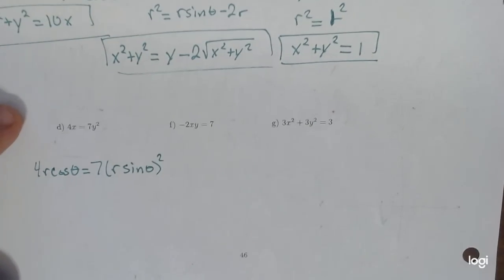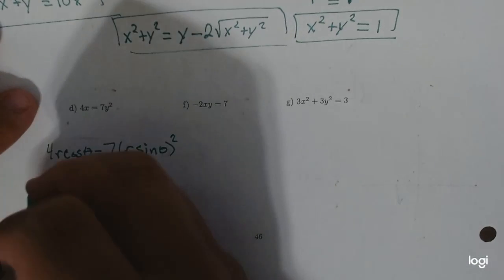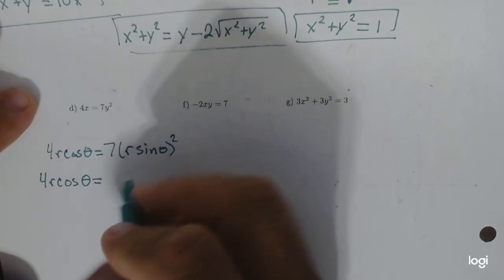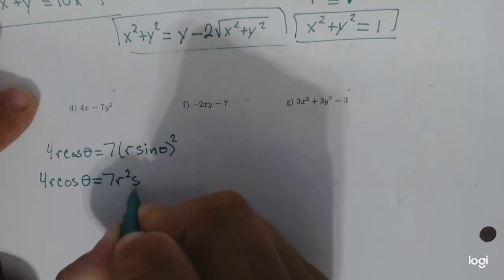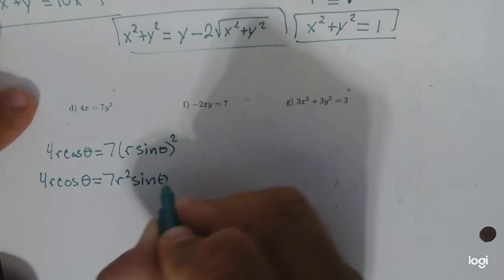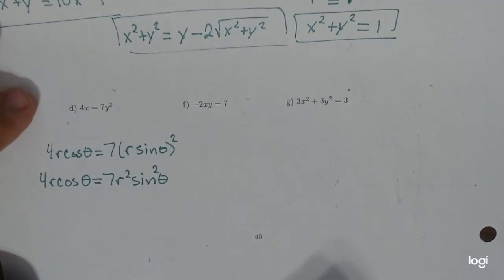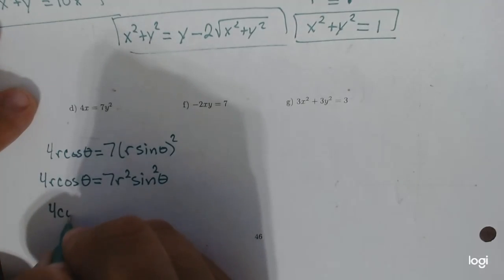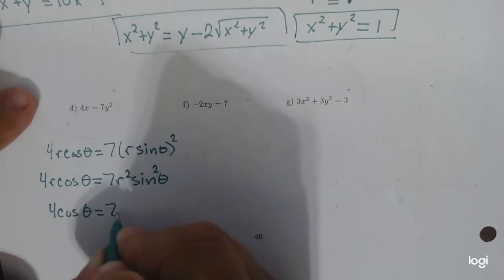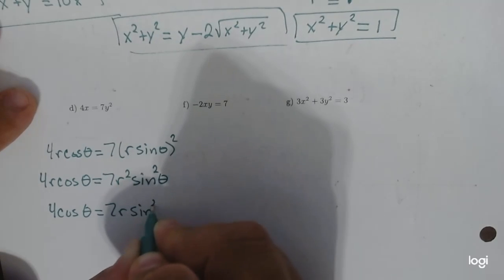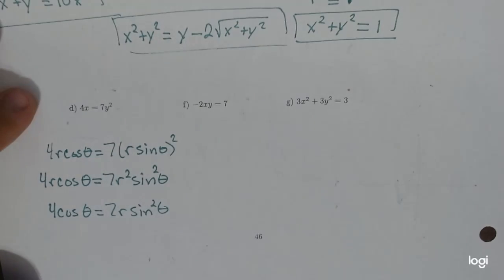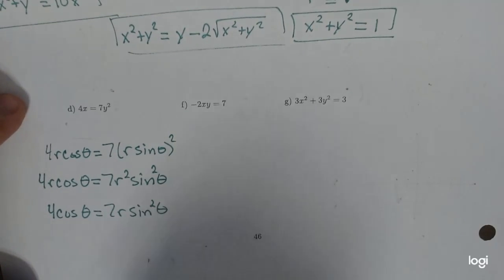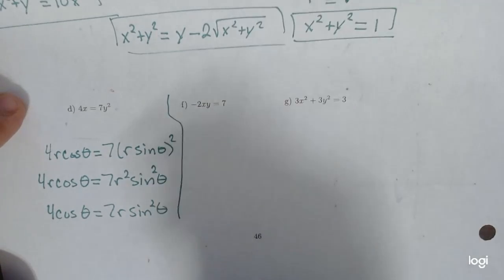I just literally substituted what x and y is respectively, and you can just simplify and make it easier. And again, if you want, you can leave it just like that. You can divide by r on both sides, and you would get roughly this. And that's it. I'm perfectly fine if you left it just like that, because there's not really much to do when it comes to these ones.